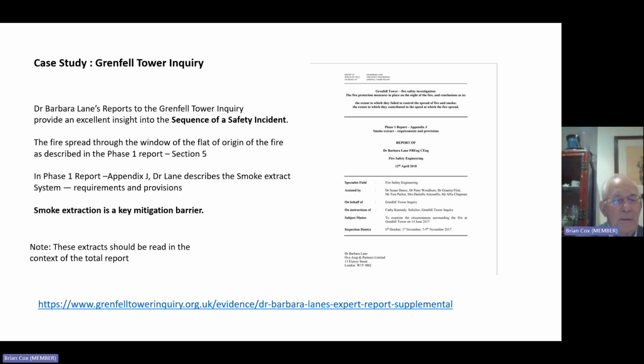In this case, the fire spread through the window of the flat of origin of the fire, as described in the Phase 1 report, Section 5. And in Phase 1 report, Appendix J, Dr. Lane describes the smoke extract system requirements and provisions. In this case, smoke extraction is a key mitigation barrier. And these extracts should be read in the context of the total report, which are very interesting.